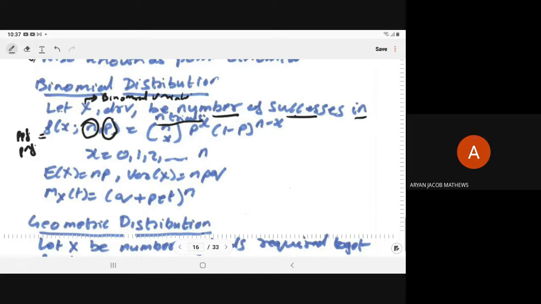So its PMF is given by n choose x p^x (1 minus p)^(n minus x), where x can take 0 successes, 1 success, 2 successes, or all n successes. Their mean and variance are given as np and npq, and the MGF is given by (q + p e^t) to power n.